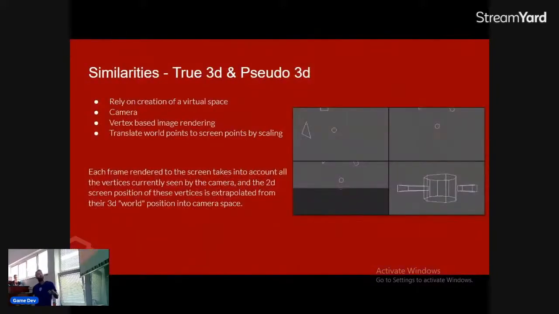So let's begin by talking about the similarities between true 3D and pseudo 3D. I don't know how much experience any of you have with 3D engines, but at the core of it, you have a virtual space, some void, endless space, and within it, you've got a camera, which is your perspective to this void, and you've also got points scattered around this void.